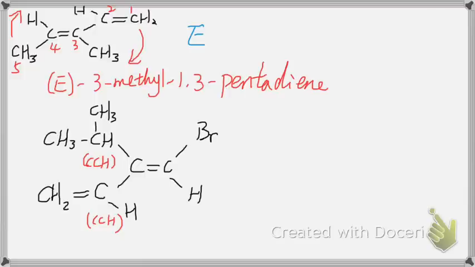For the top part, if we move on to the next carbon, we have H, H, H attached to that carbon. For the bottom carbon, there are two hydrogens attached to it, but it's a double bonded carbon. So what we would do is to consider the previous carbon once, only once.